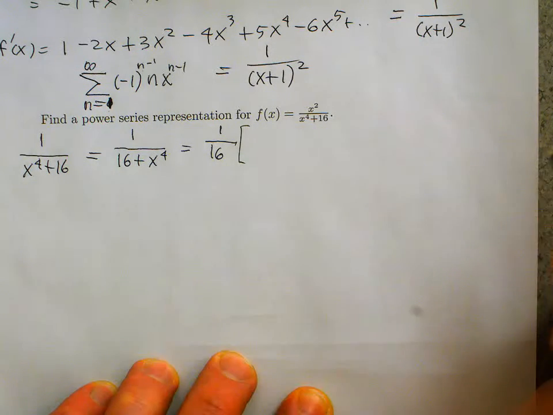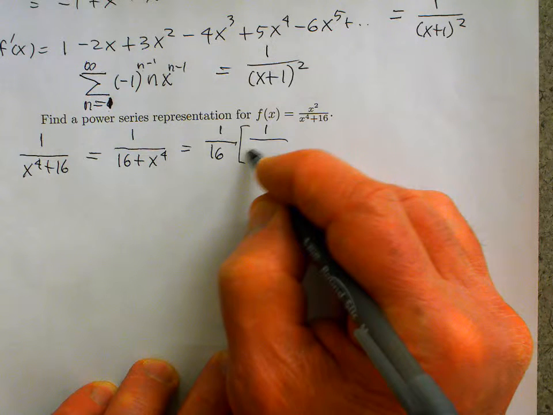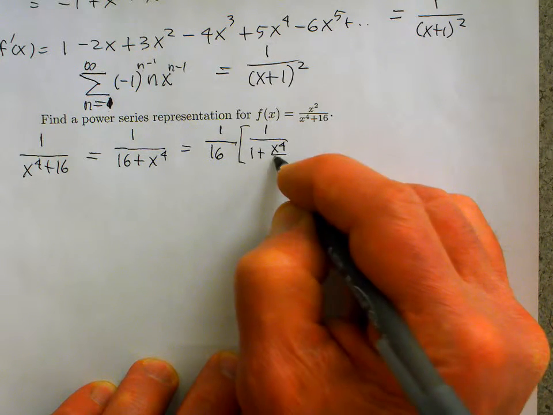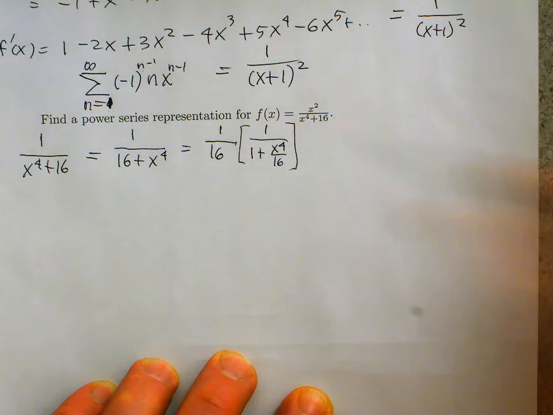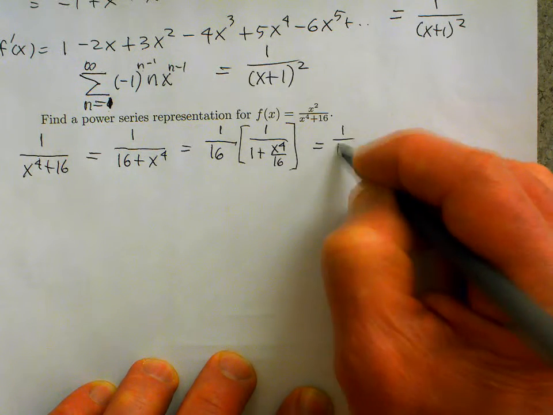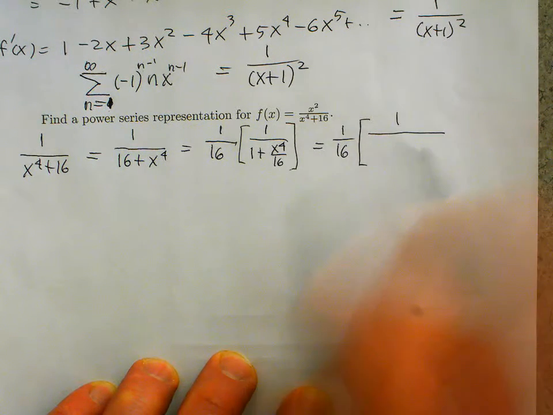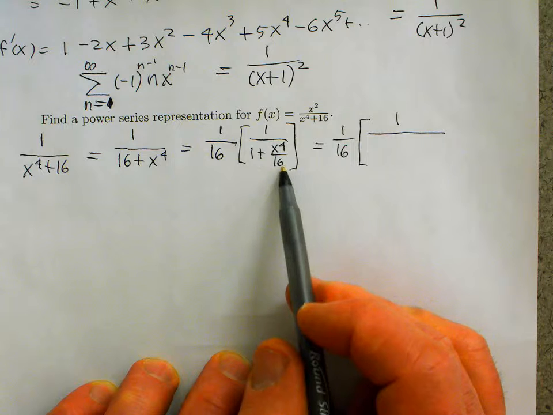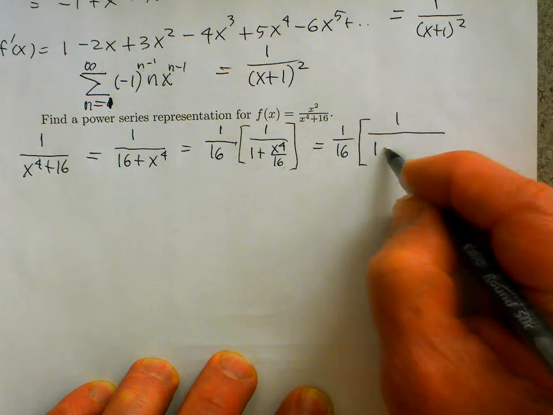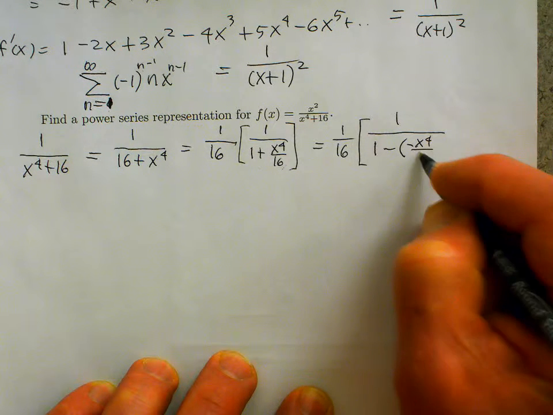So I get 1/16 times 1 over 1 plus x to the 4th over 16. And then 1/16 times 1 over, instead of 1 plus x to the 4th over 16, I'm going to write it as 1 minus negative x to the 4th over 16.